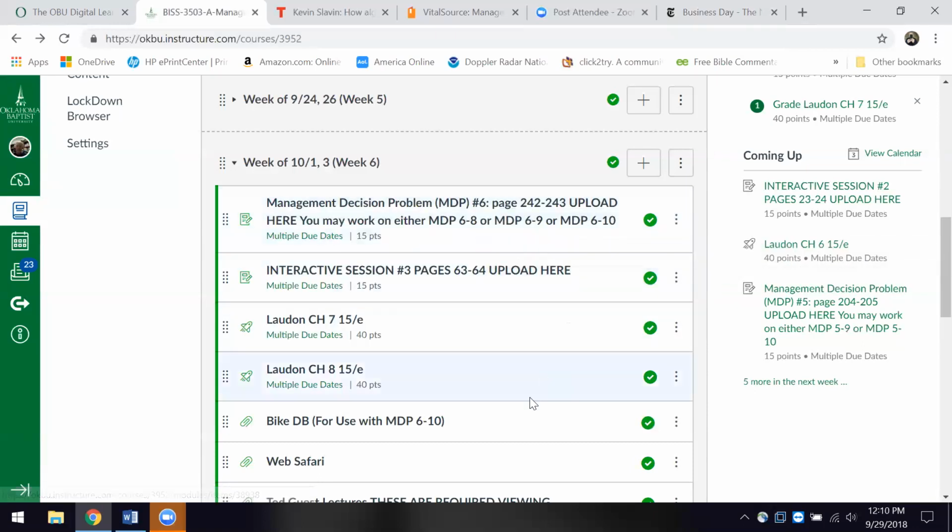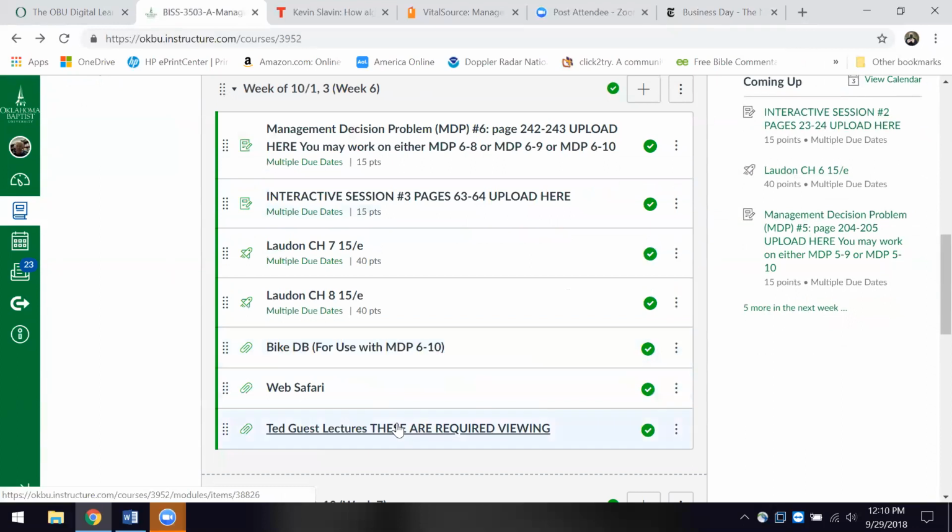And if you do work on MDP 6-10, here's the database to use. And then a web safari that I strongly encourage you to do. And you have chapters 7 and 8 done, and we will talk about them on Wednesday. Okay? Well, that's going to do it. And so I'm going to stop the share.